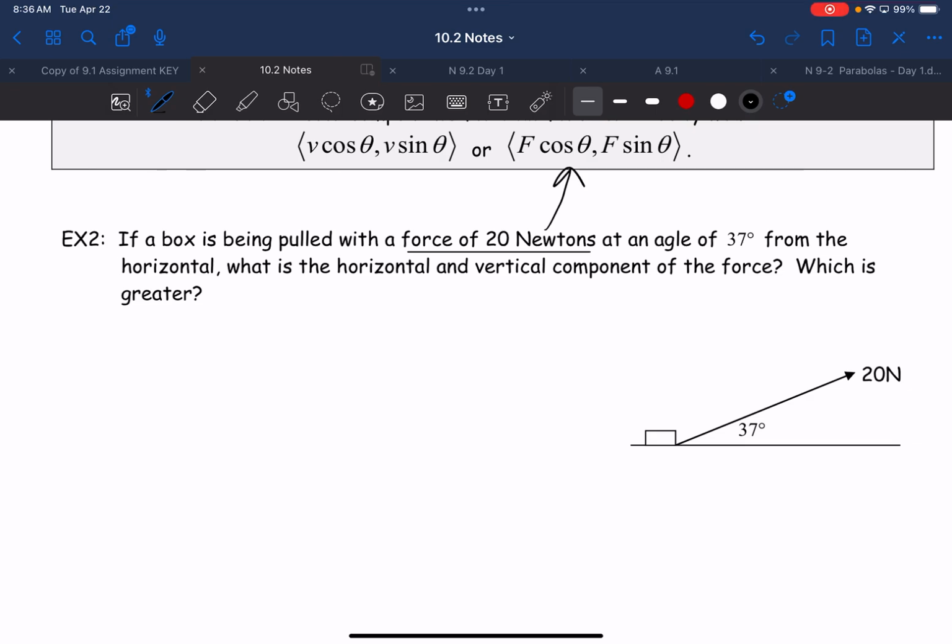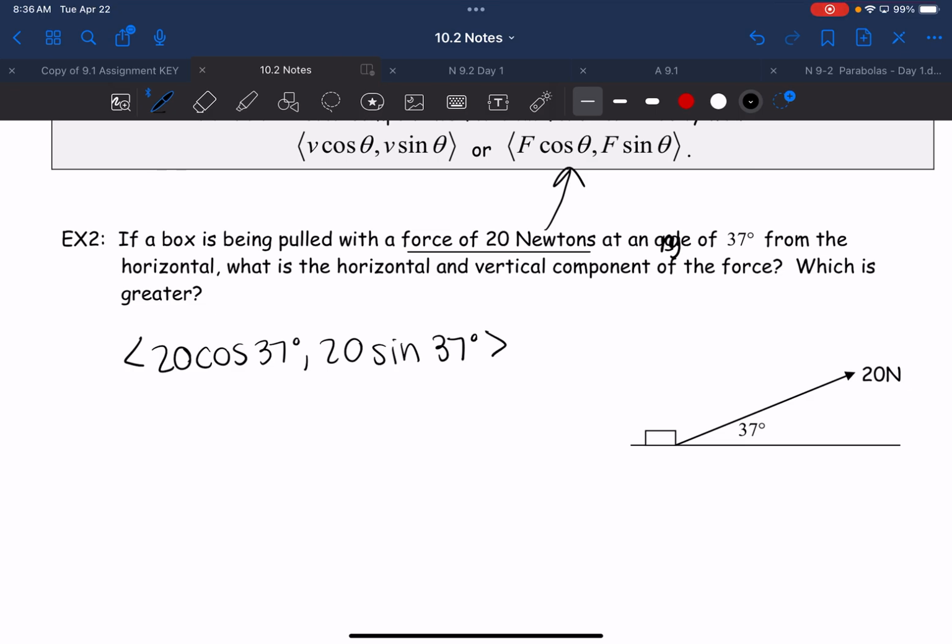Force, which they said was 20, times cosine of theta. And what did they tell us that theta was? That should say angle there. 37, yeah. All right, comma, again, force, which is still 20, this time times sine of theta.